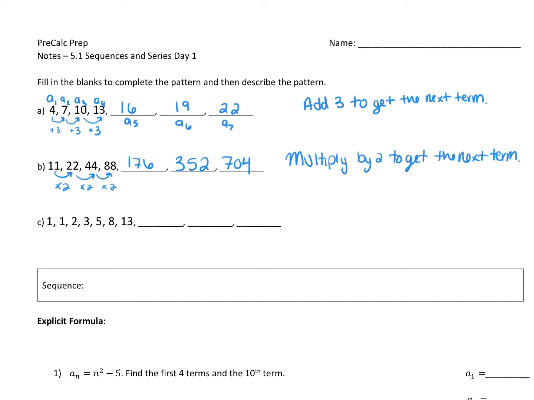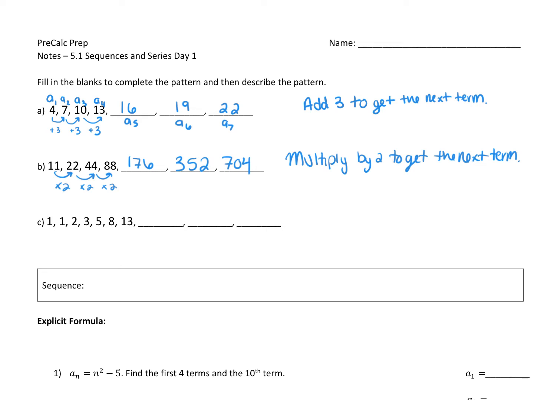In C, it's going to be slightly different. In A, we were adding. In B, we're multiplying. Let's see what happens in C. We're going 1, 1, 2, 3, 5, 8, 13. Think about how you go from 1 to 1, 1 to 2, 2 to 3, 3 to 5, 5 to 8, 8 to 13.